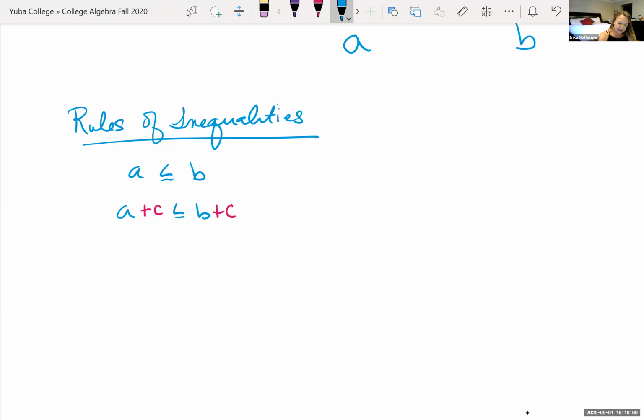We could subtract something on both sides of the inequality, and our inequality is going to stay the same. So a minus c is less than or equal to b minus c.